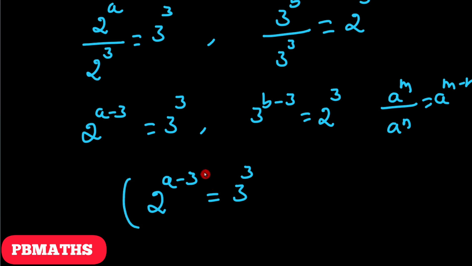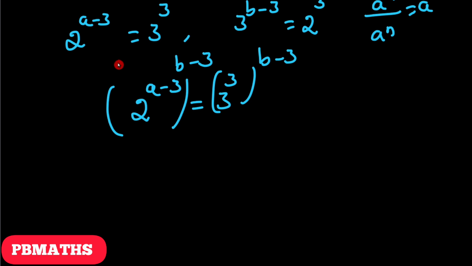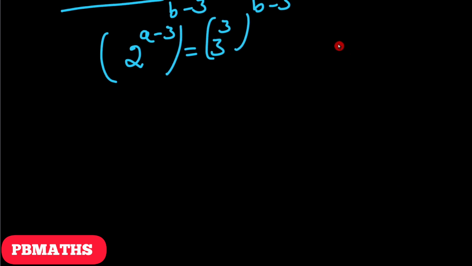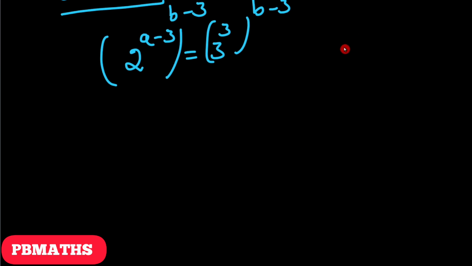Let's raise to the power b minus 3 on both sides so that we can get equal bases on either side of the equal. So we are raising this expression to b minus 3 on either side. Then we use a to the power m, to the whole power n, which is equal to a to the power m into n.